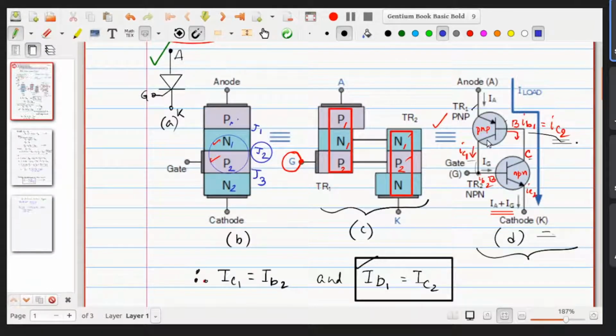We increase the gate current in this base P, in the same direction as the anode current IA across the junction J2. So the current gain of the NPN transistor, that is the second transistor, will be increased, independent of the anode to cathode voltage. Why? Because alpha 2, the alpha parameter for the second transistor, will depend on the anode current plus the gate current.